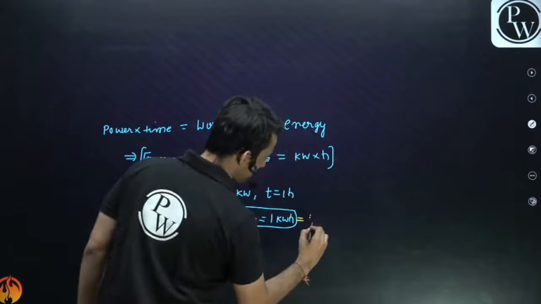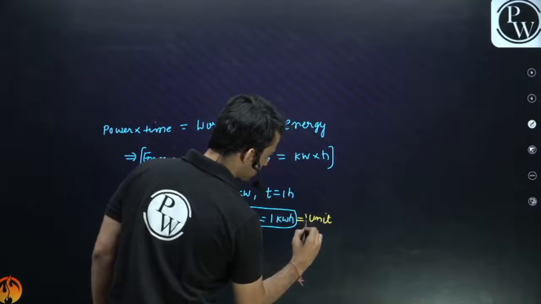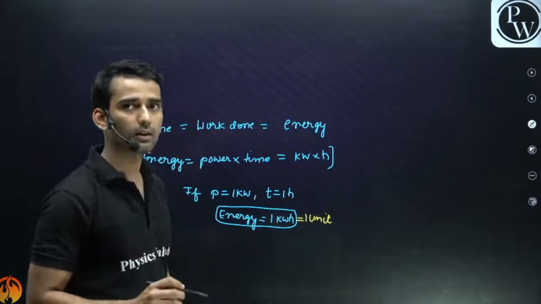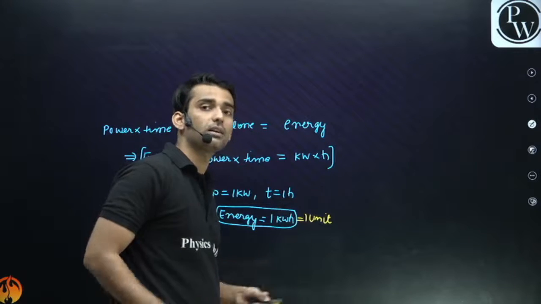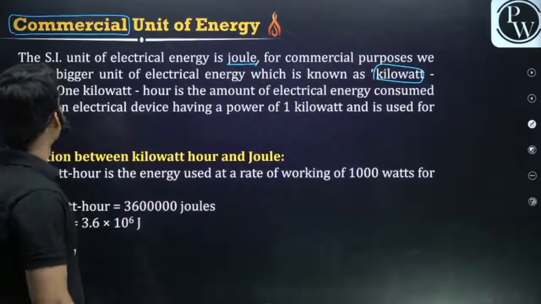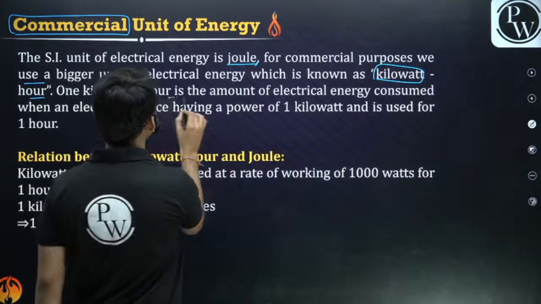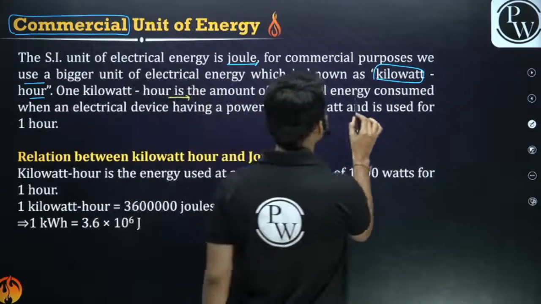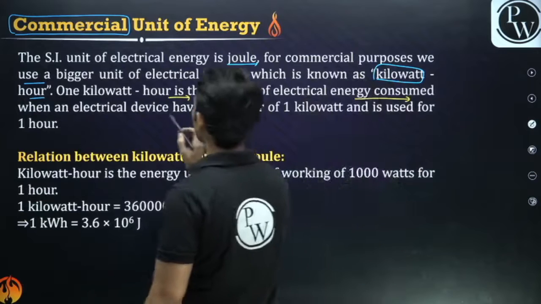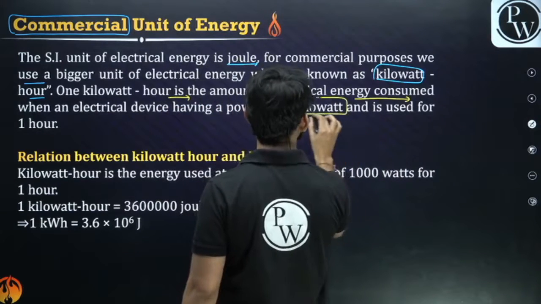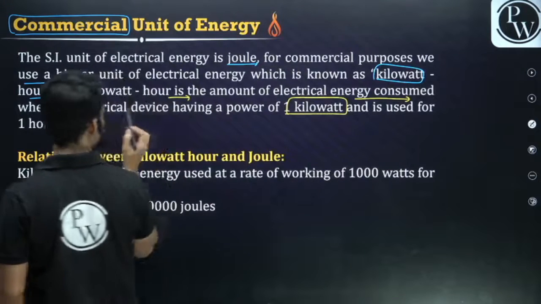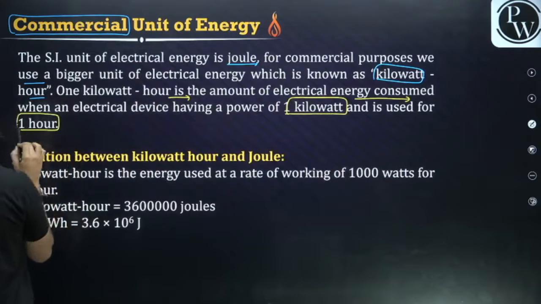You say it is 1 unit. You say you have spent 300 units in a month, 400 units in a month. That means the amount of energy in kilowatt hour. Clear? So 1 kilowatt hour is the amount of electrical energy consumed when an electrical device of power 1 kilowatt is used for 1 hour.